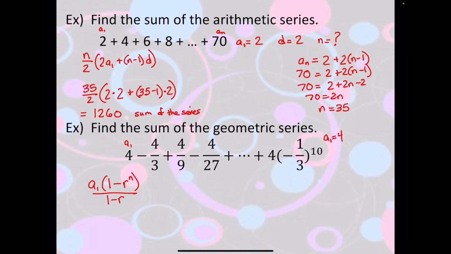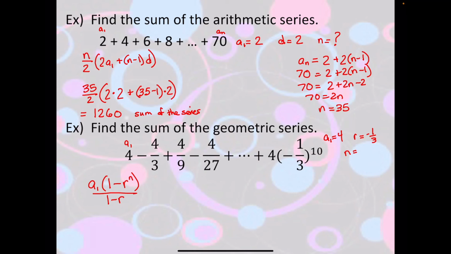I can look at it and figure out what r is. So I can either take two successive terms and divide them, or I can just say 4 times what is negative 4/3. Negative 4/3 times what is 4/9. And every time it looks like I'm multiplying by negative 1/3. All right, and I need to find n. In order to find n, this time I can look at the last part here because this is kind of my equation.